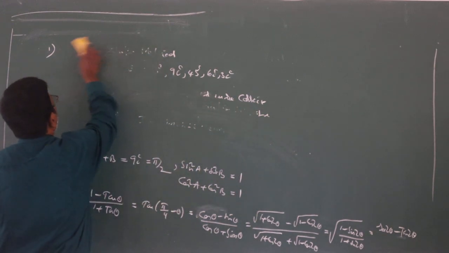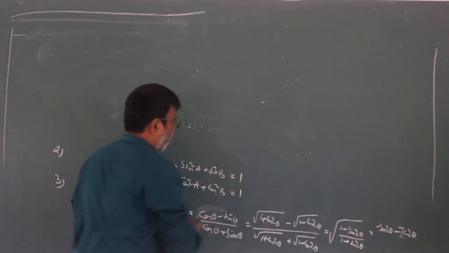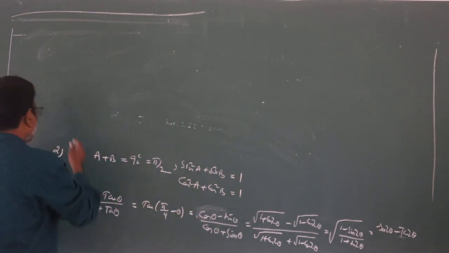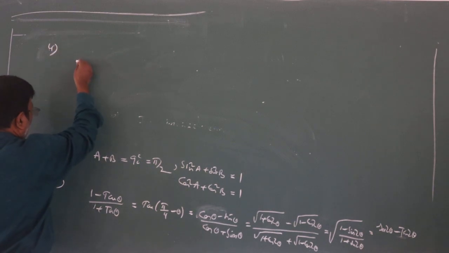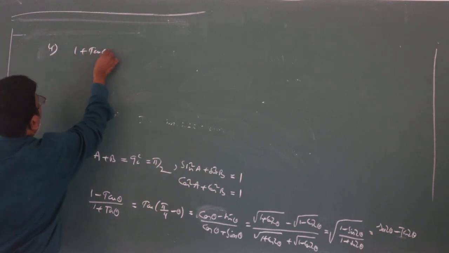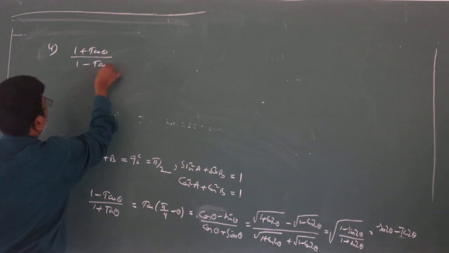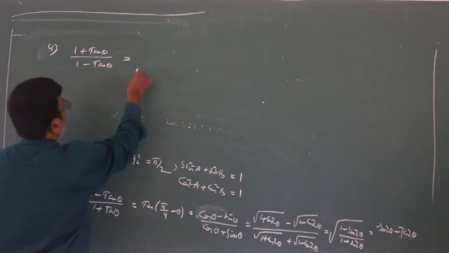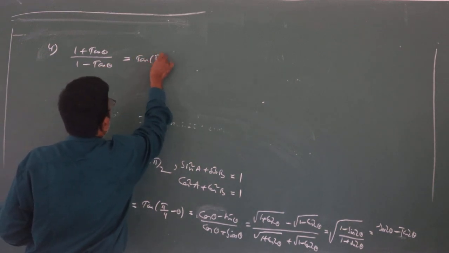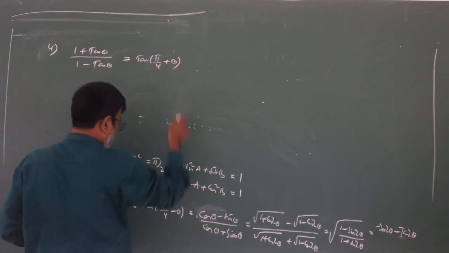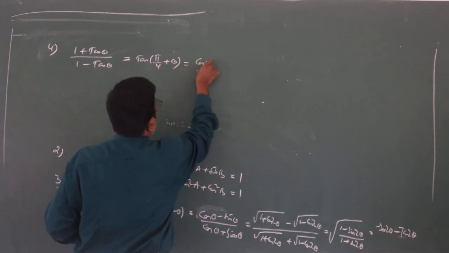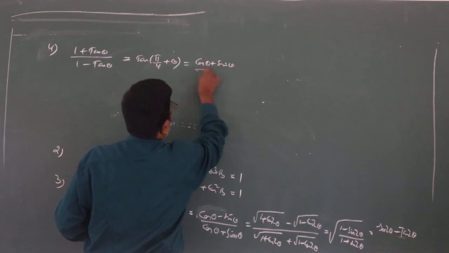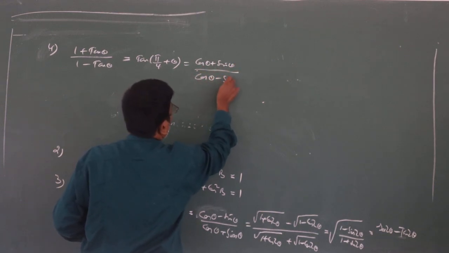Now the fourth formula: 1 plus tan theta by 1 minus tan theta. Similarly, this is nothing but tan pi by 4 plus theta. It is also cos theta plus sin theta by cos theta minus sin theta.